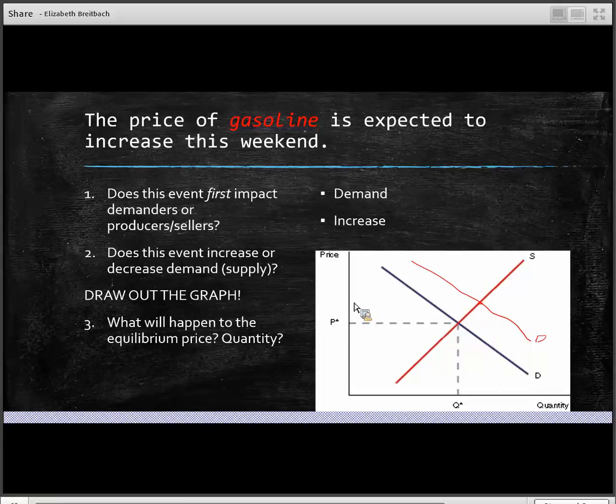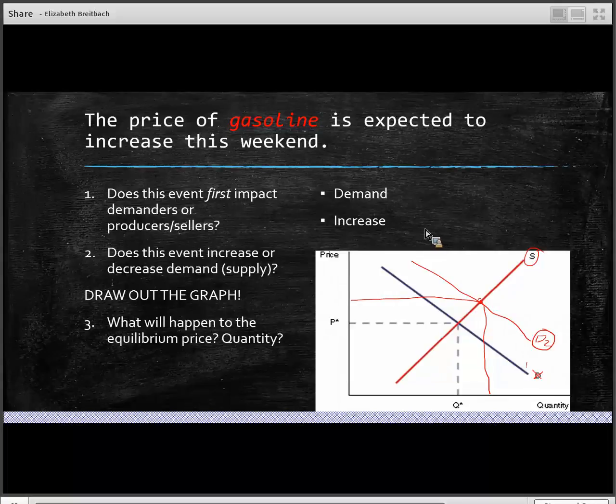We forget about our old demand curve, and we only have our new demand curve and our old supply curve, and that intersection is what's important. So price increased, quantity increased.